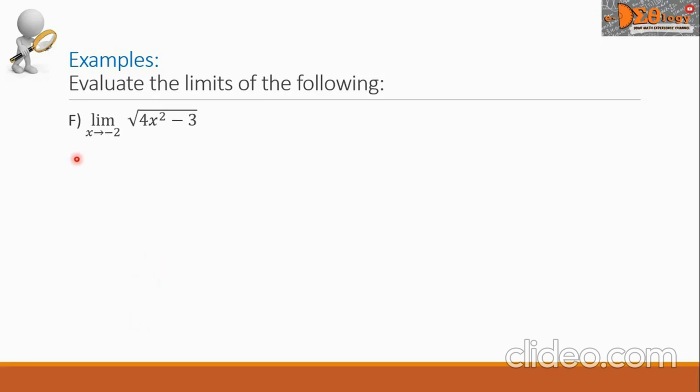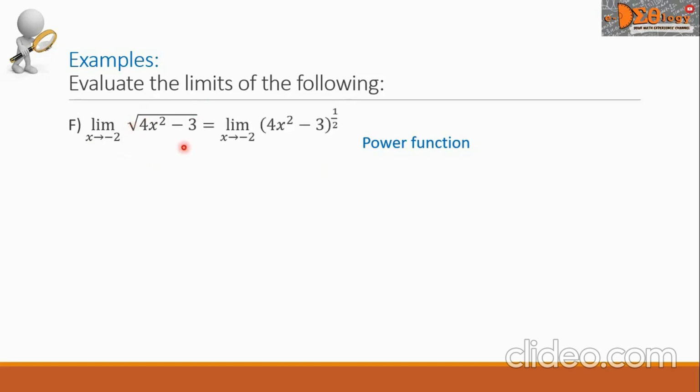Example F. The limit of the function, the square root of the quantity 4x squared minus 3 as x approaches negative 2. This is an example of a power function. As you can see, the radical here can be expressed as a fractional exponent.